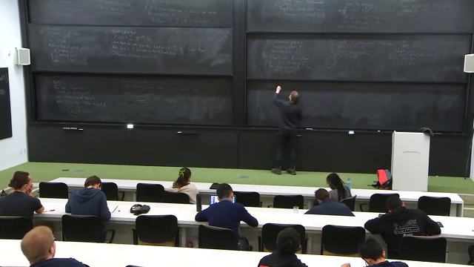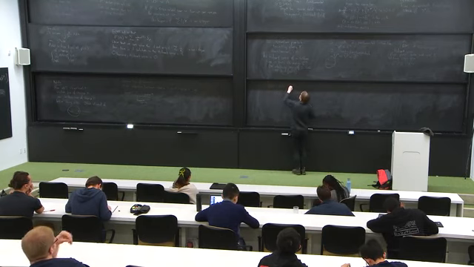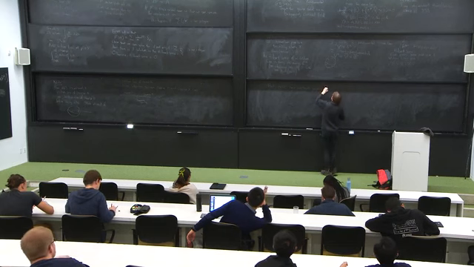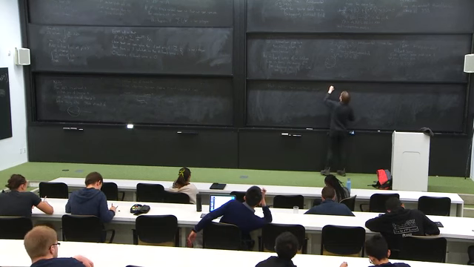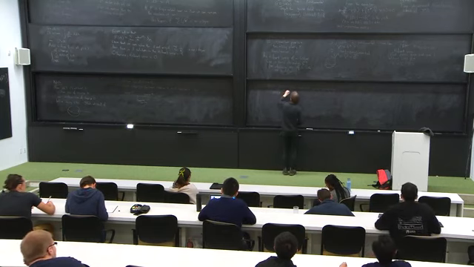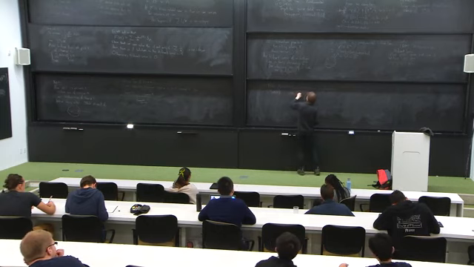So A equals 0 has constant gauge symmetries SU(N). So we need to project onto gauge invariant states.